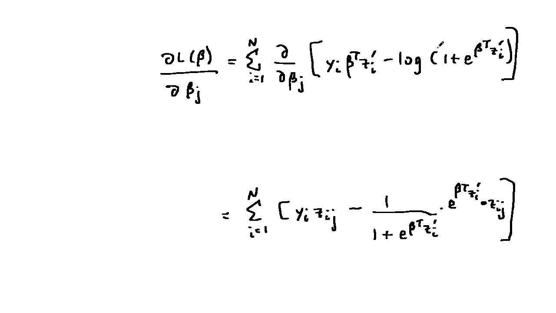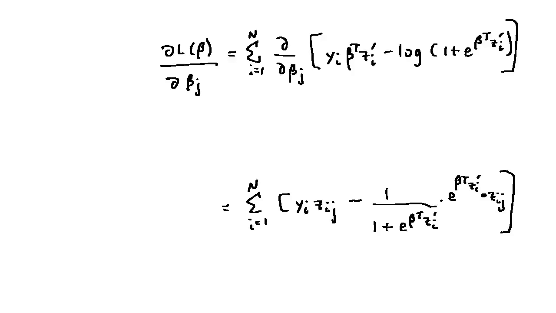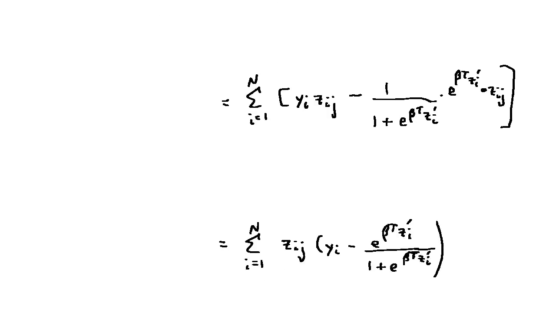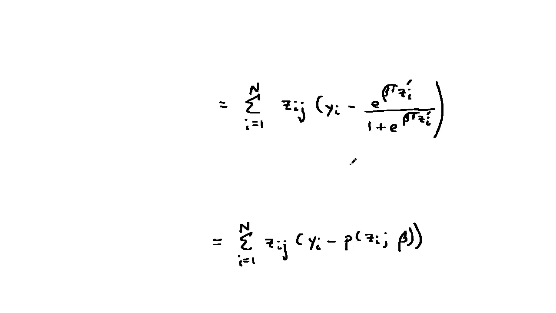Take the derivative of this, so we get 1 over all of that times the derivative of the stuff inside, which is this. Okay, now we have a z_ij here and here, so pull that out, and rewrite this part as p of z_i.